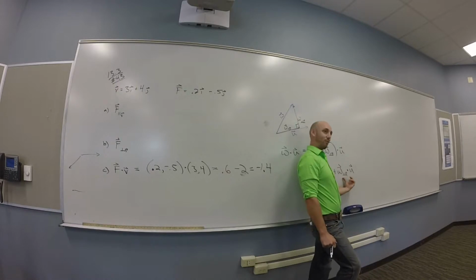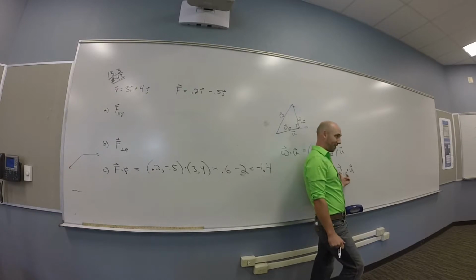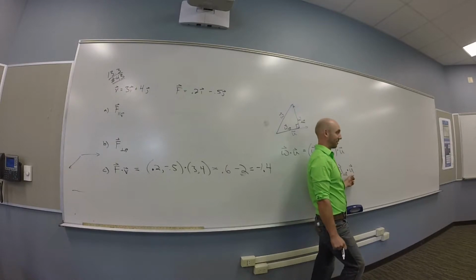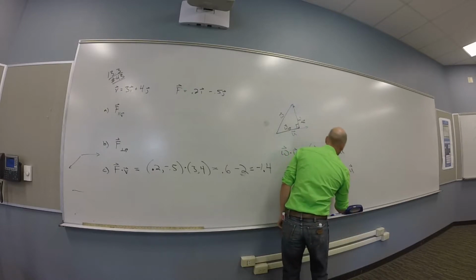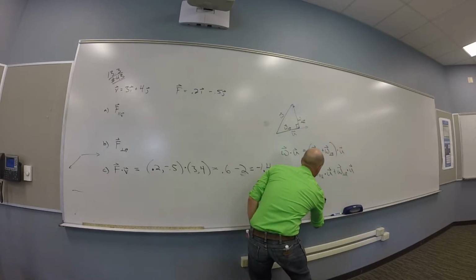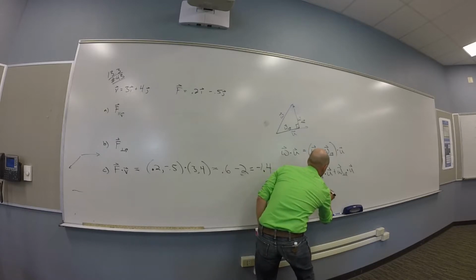It's zero when dotted with u. Yeah, w perpendicular to u is perpendicular to u, right? So when you take w perpendicular to u and dot it with u, you're going to get 0. You see that? So this is going to be w parallel to u dotted with u.